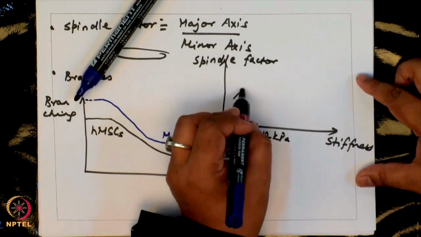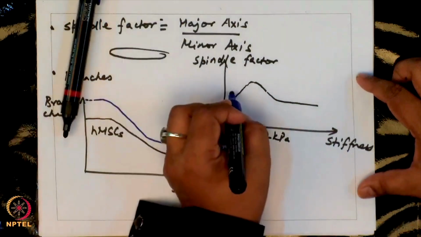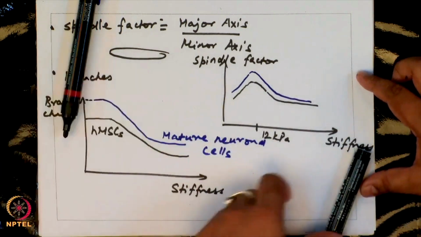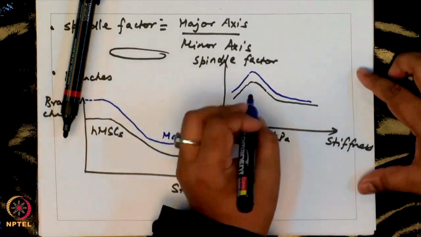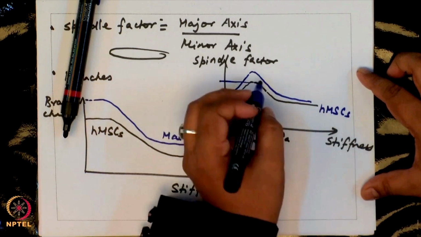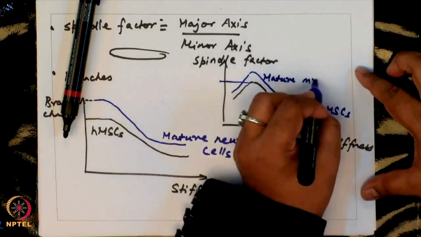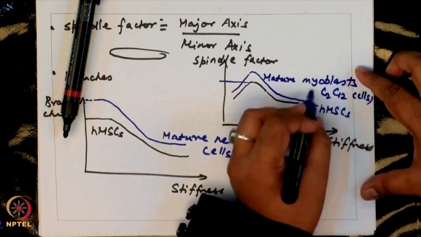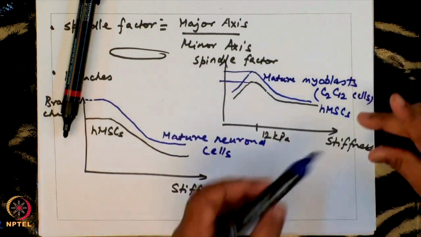What they found was, similar to maximum branching on the softest surfaces, on these intermediate stiffness surfaces HMSCs exhibited the maximum spindle factor, and this was similar to that of mature muscle cells, mature myoblasts, which are C2C12 cells. Okay. So, you had maximum elongation on the intermediate stiffness surfaces.